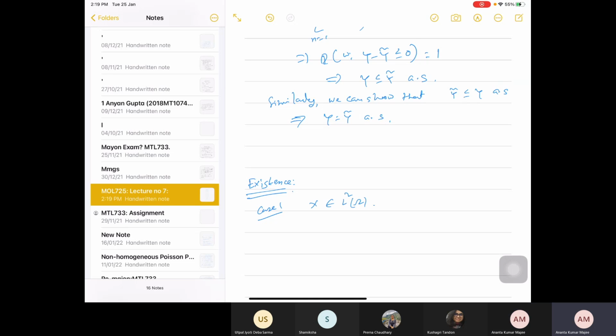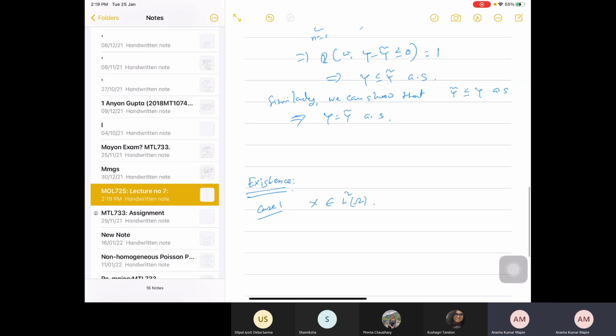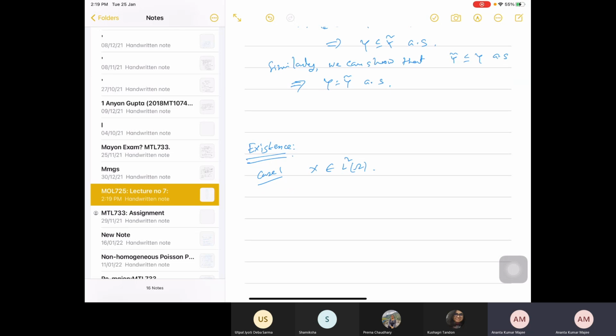So already you know what my L2 of omega is. This consists of all real valued random variables such that I can think of their norm. The norm of X, the integral over omega of y squared dP whole to the power 1 by 2, is finite. This you have already seen in your functional analysis course, is it not?